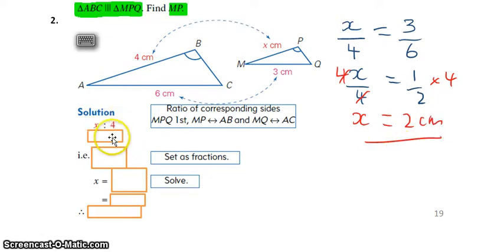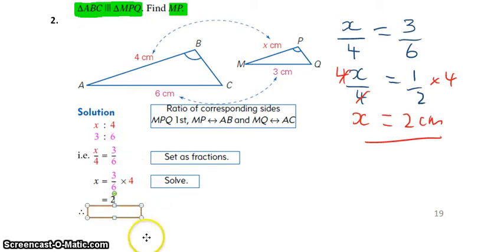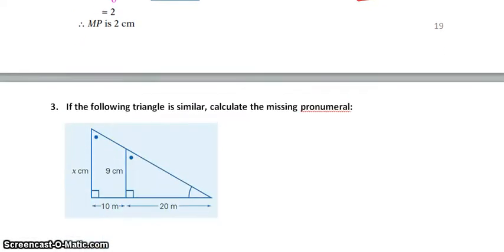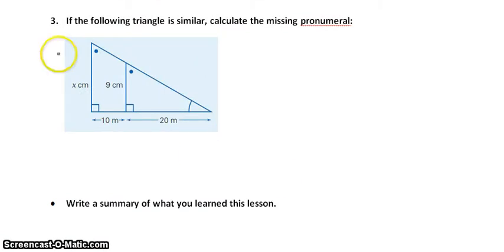They used the ratio of sides, wrote them as fractions, as I did, and then solved those to get the answer. Now the question asks for you to find MP, so at the end you'd say, therefore MP is 2 centimeters. Again, write out one of the two ways. They're actually both the same way. Their way just has a precursor first.